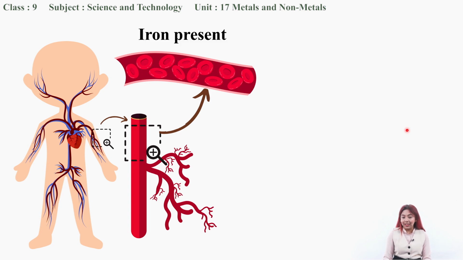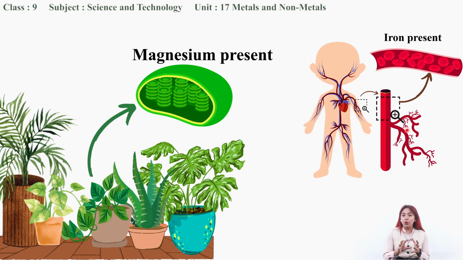But not only that, in plants also, the chloroplast contains chlorophyll, and that chlorophyll contains magnesium, and magnesium is also a metal. So metals are not only found in a free state or combined in the form of ore in the earth. Some of the metals are also present inside the body, and a few examples are iron in an animal's body, as well as magnesium inside the chlorophyll of many plants.